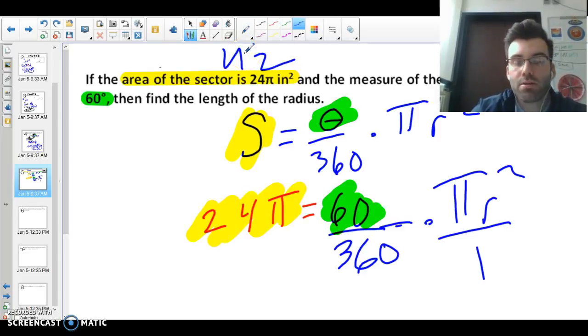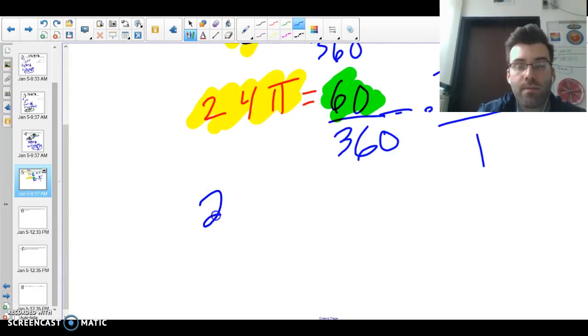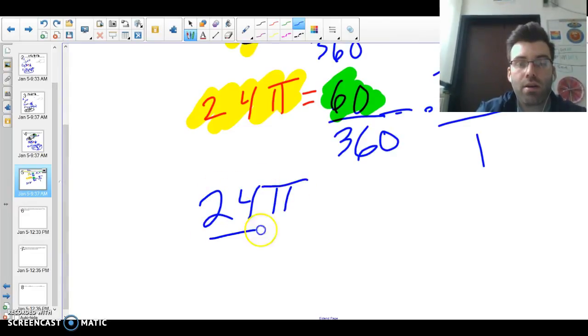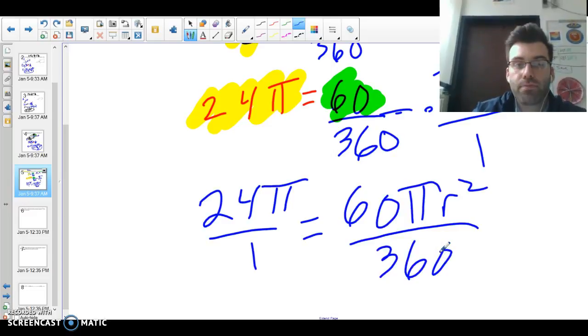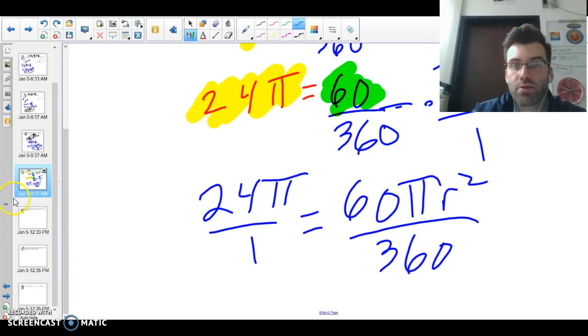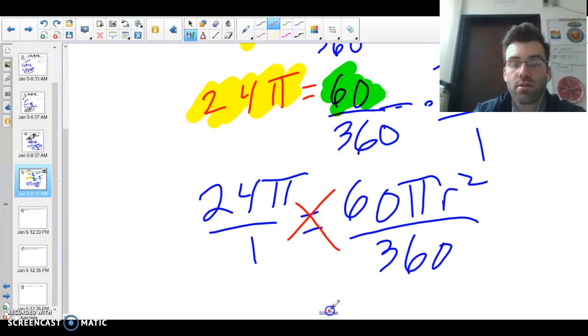And then we're going to multiply across the top and multiply across the bottom. What that's going to end up looking like is 24 pi over 1 equals 60 pi r squared over 360. Now we have a fraction equal to a fraction, crisscross applesauce.